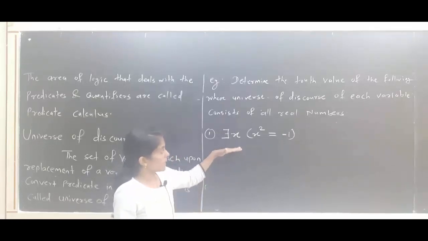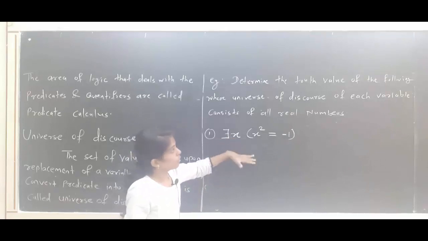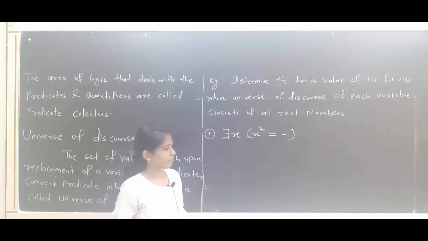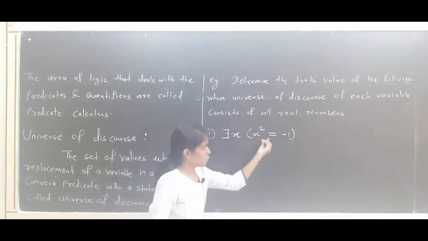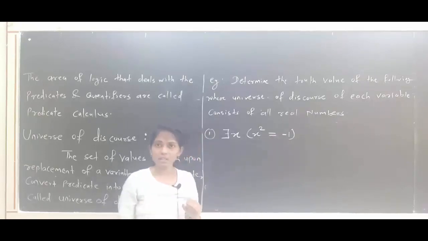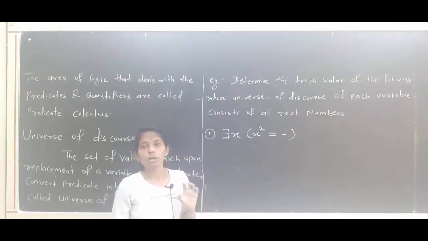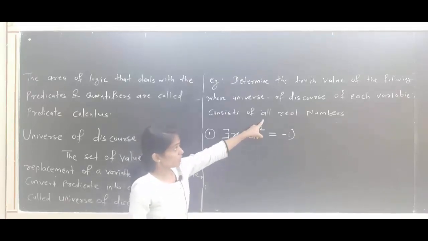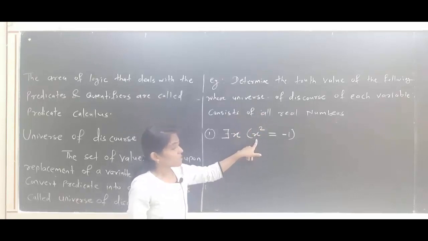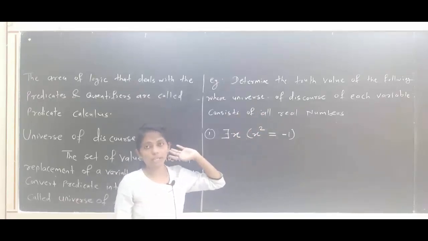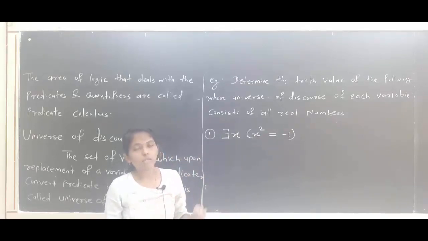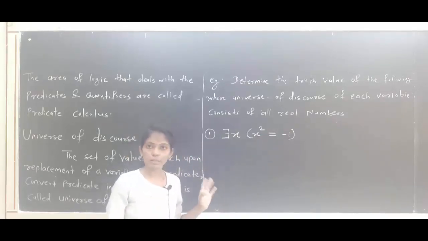Now we want to find its truth value, and universe of discourse, that is universe is given, set of all real numbers. Okay, so here x square is equals to -1 is given. So we all know that no such x in set of real numbers satisfy this equation, x square is equals to -1. Since we all know that if we consider any square, then it is always positive.